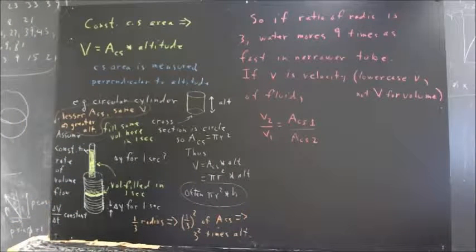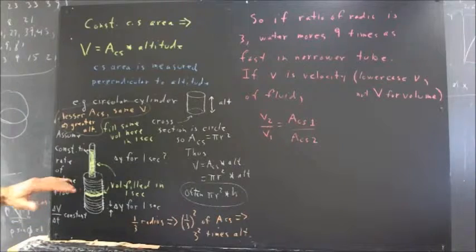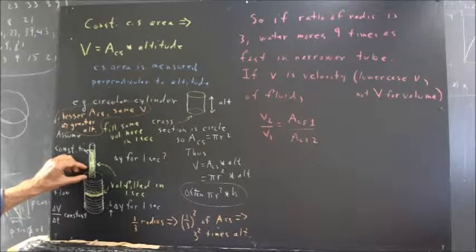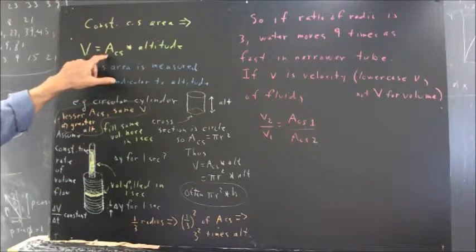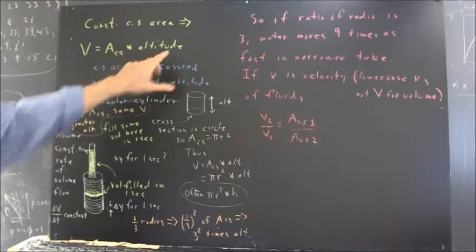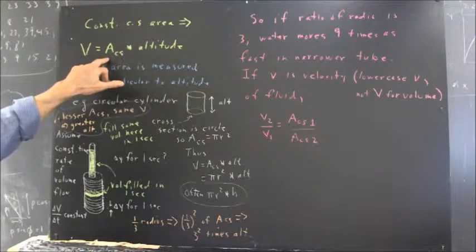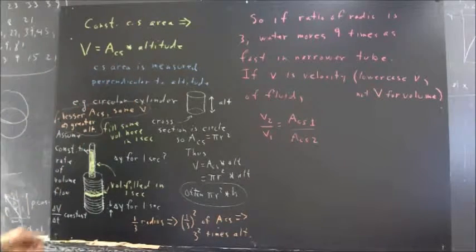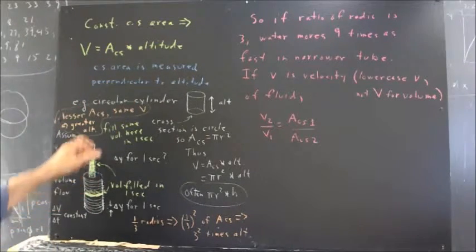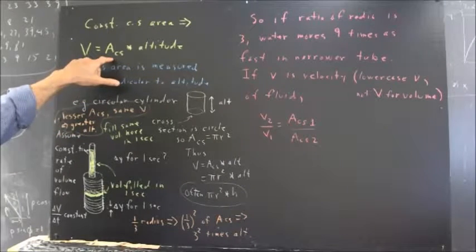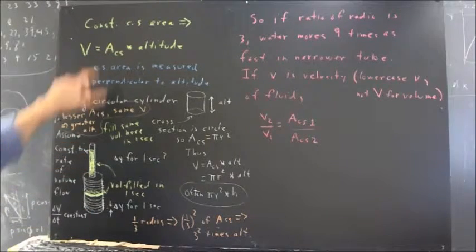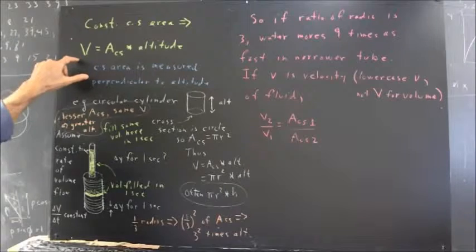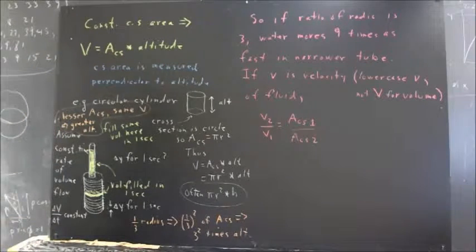Well, if we have half the cross-sectional area, it's going to have to get twice as deep. Since the volume is the product of cross-sectional area with altitude, if you have half the cross-sectional area, then in order to get the same volume, you need twice as much altitude. If the cross-sectional area is 3 times as great here as it is here, then you would need 3 times the altitude to get the same volume.